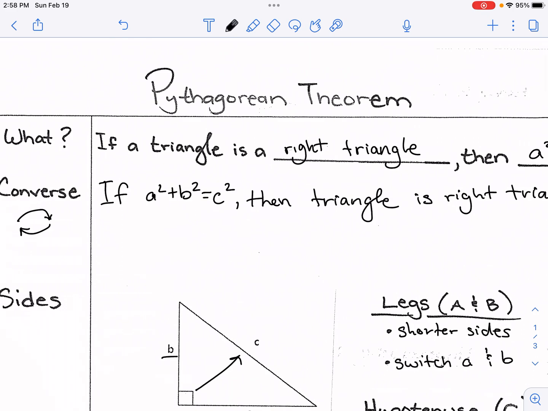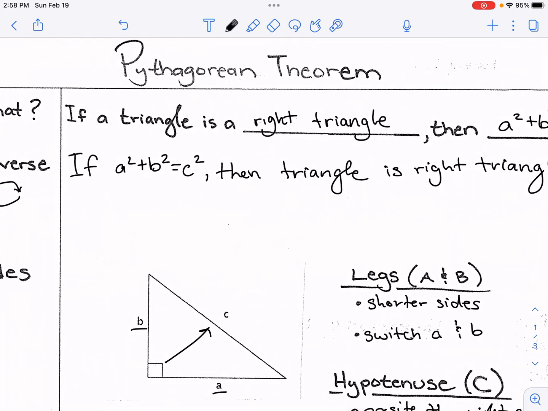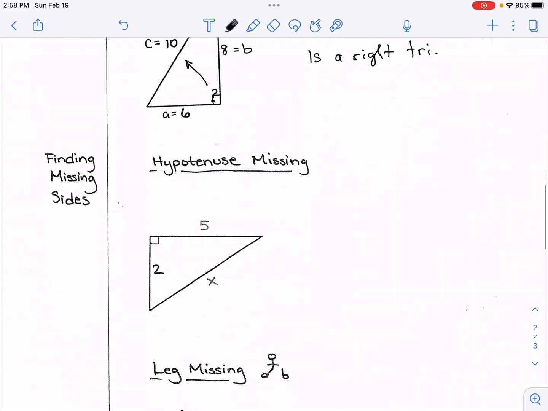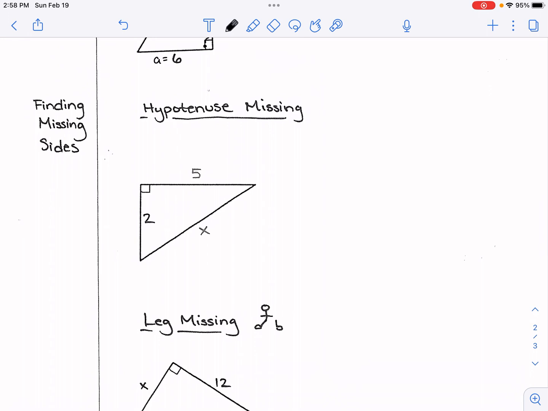So if a triangle is a right triangle, then we can use this formula. We've been using the converse, which is if that formula is true, then we can determine what type of triangle that is. But here we're trying to find this missing measurement, and we have some numbers, but we're missing a specific side length. So for this one, we're missing the hypotenuse.